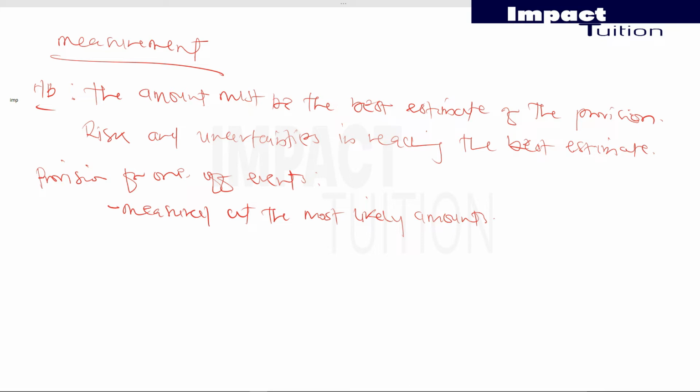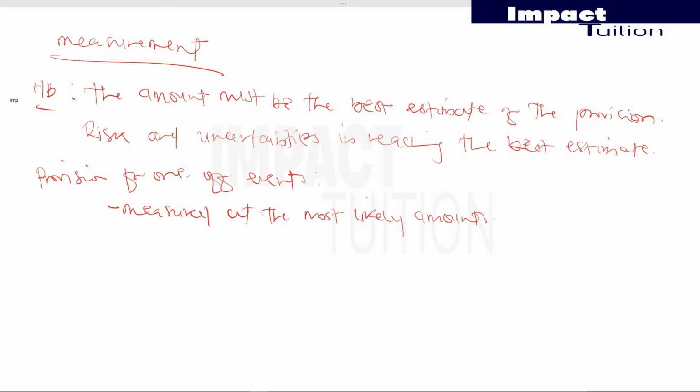So we can refer to the law and then measure our provision at the most likely amount, which is what is stated in the law. If there is nothing like that, our lawyers can also read circumstances, refer to past decisions by the court, and decide on the most likely amount. So for provisions for one-off events, we measure the provision at the most likely amount.